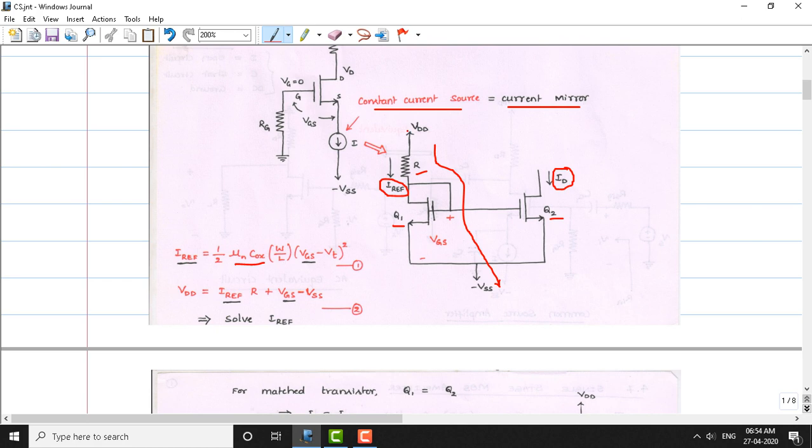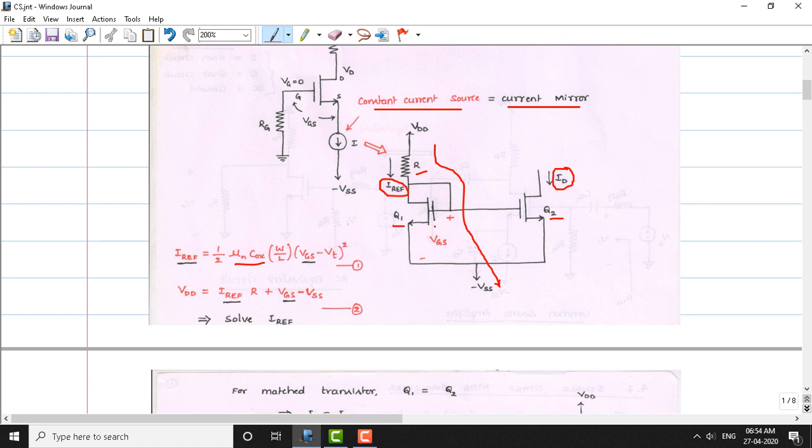That means the current flowing in one branch produces the same mirror current in the other branch. As I've already said, I reference can be varied by varying the resistance, and if we make certain assumptions, the current produced here will be an exact replica of this reference current.